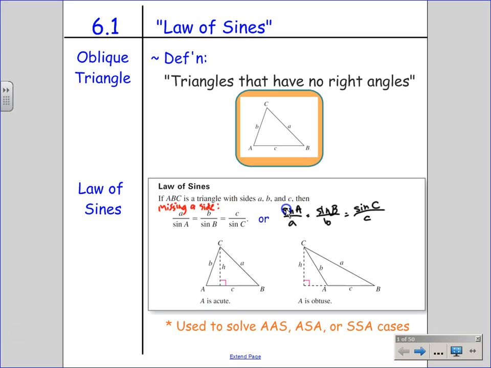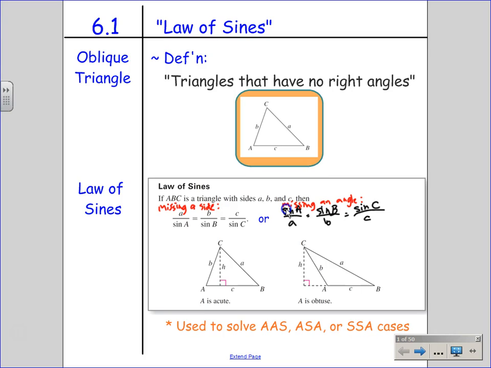If you're missing or solving for a side, you're going to want sides on top. And if you're missing or solving for an angle, you're going to want angles on top. Basically, we just want the unknown on top. If it's a side, put sides on top. If it's an angle, put the sines of angles on top.